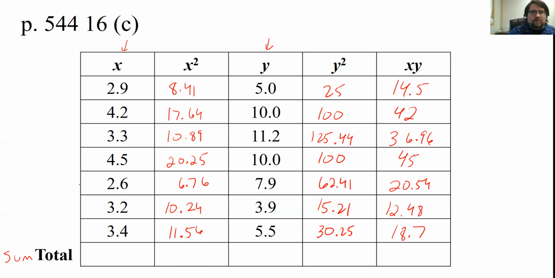All right, so now what we're going to do is we're going to add up these columns, and these are the numbers we need. So 2.9 plus 4.2 plus 3.3 plus 4.5 plus 2.6 plus 3.2 plus 3.4. So, this is easily something you could have something like Excel calculate for you, and that would still be very close to basically doing it all by hand.